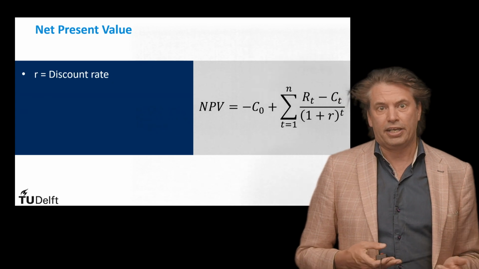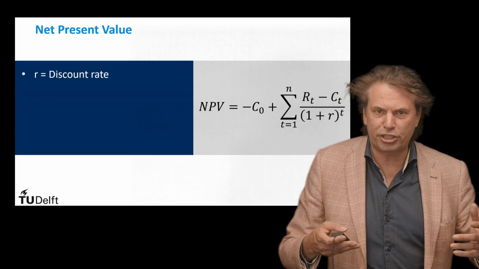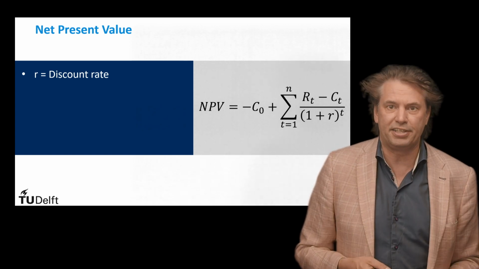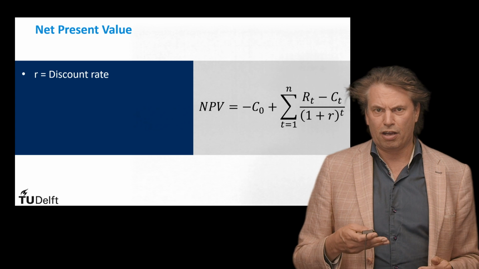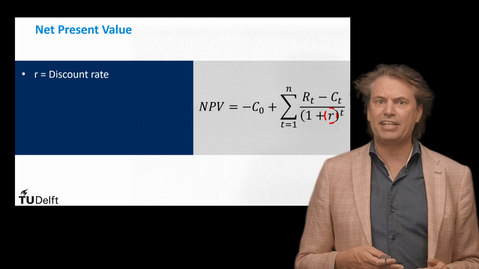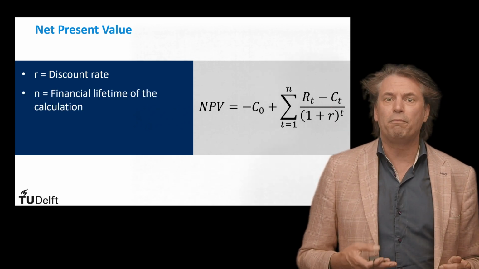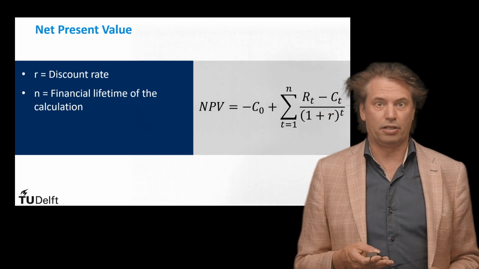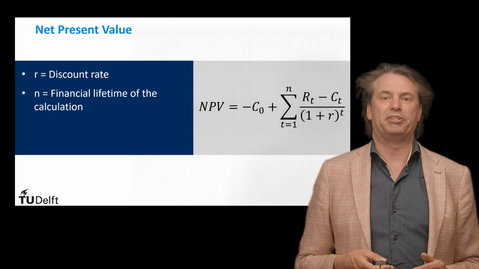Then r is the discount rate, which is used to discount future costs and translate them into the present value, as seen in the LCOE formula. Finally, N is the financial time of the calculation from the moment when the initial investment is made until the last year of operation.